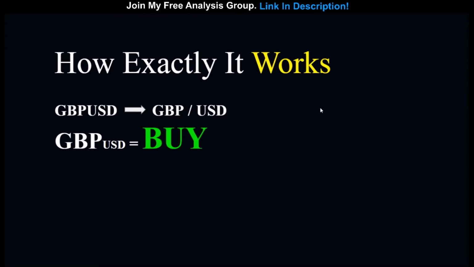All right, so let's talk about how exactly this process works. And I'm going to use the currency pair GBP/USD for this example. So you can think of currency pairs as a ratio or a fraction, where you have a numerator and a denominator. And if we expect the British pound to gain strength over the US dollar, the value of this currency pair would go up in price, and we'd probably want to buy into that.